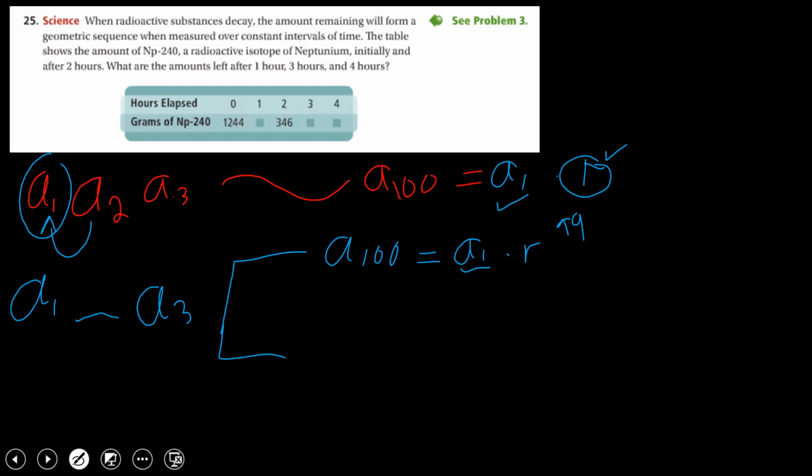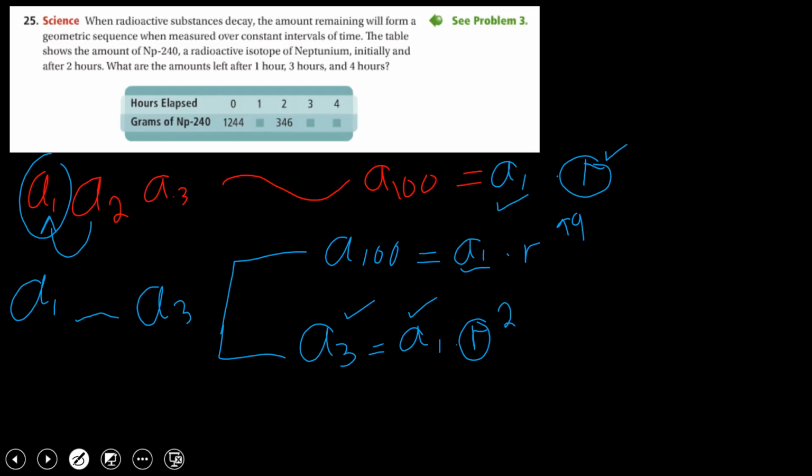But here, there are no terms that follow each other. So how can I find r? By using another equation that says a sub 3 is a sub 1 times r raised to the power 2. Then a sub 1 is known, a sub 3 is known, so I can find r.